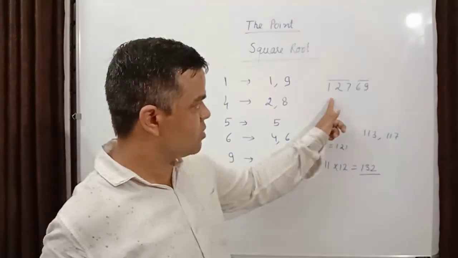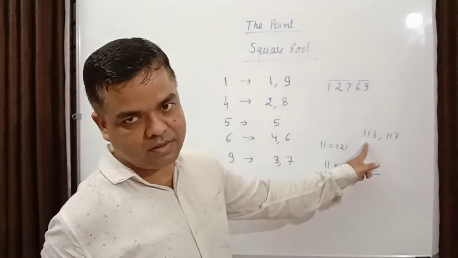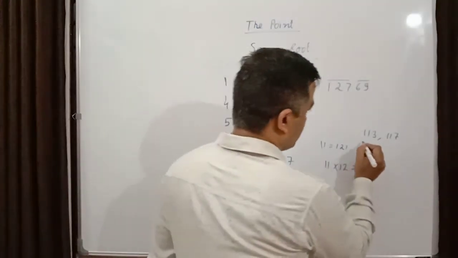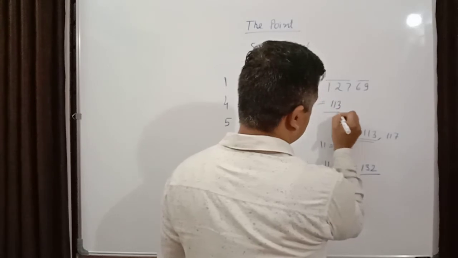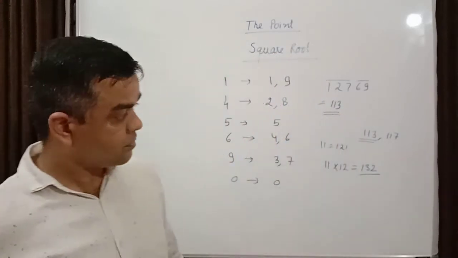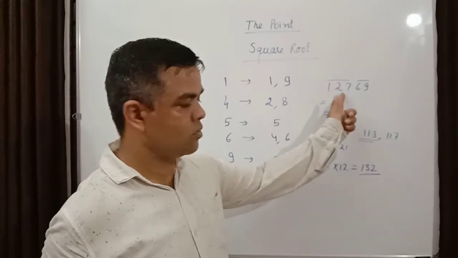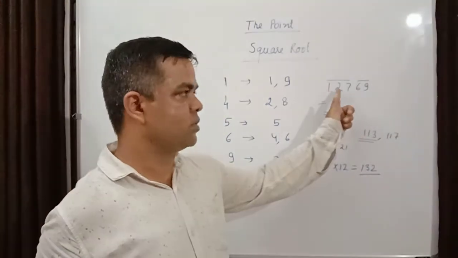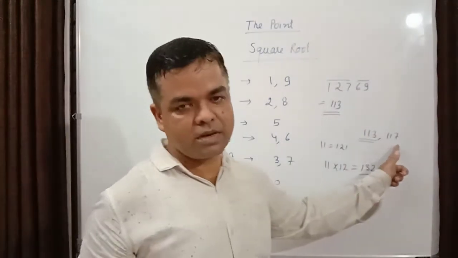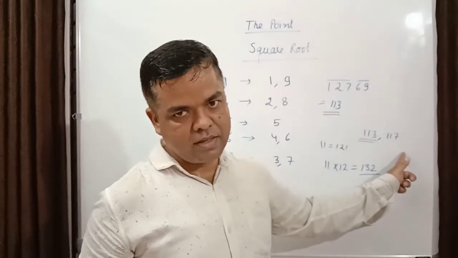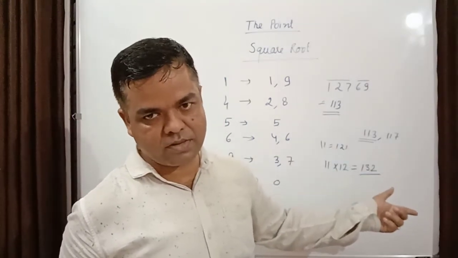So 121 is lesser than this number. Then the answer will be 113. So the square root of this number is 113. Clear the point? If the number is greater than 132, suppose 133, 134, whatever it comes, then your answer will be 117. Again I am repeating, this method is applicable only for perfect squares.